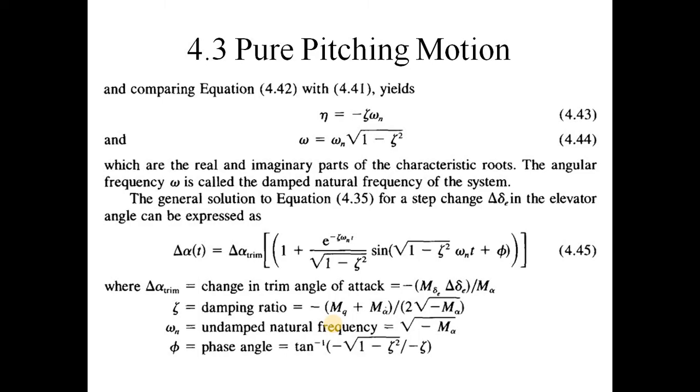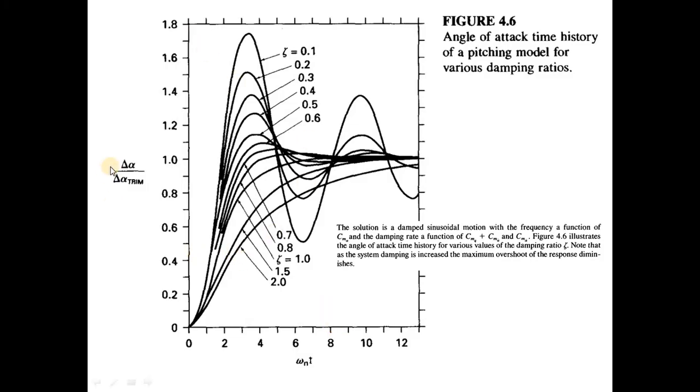Now let's look at the impact. This is alpha over alpha trim, so it's basically the original alpha, and this is the response alpha. If you have different damping ratios, you will have different responses. This is for damping ratio 0.1, which is very close to undamped, very soft underdamped.